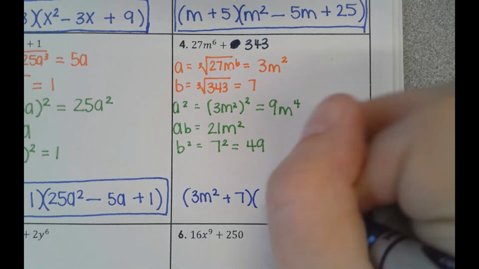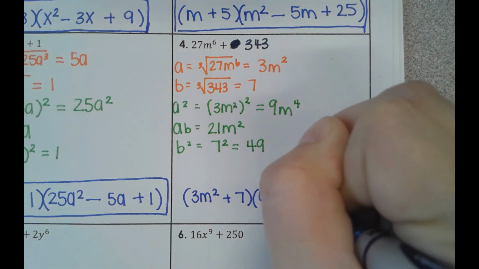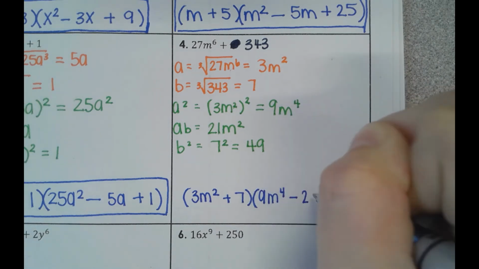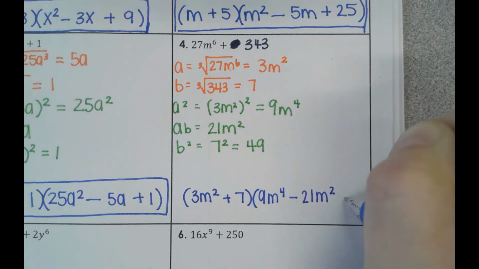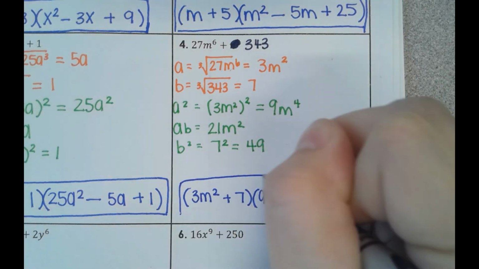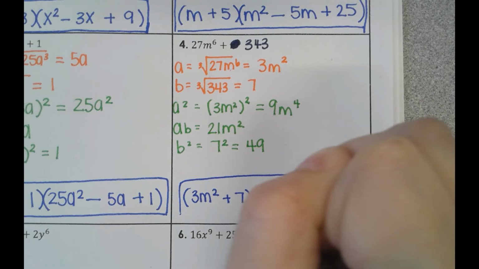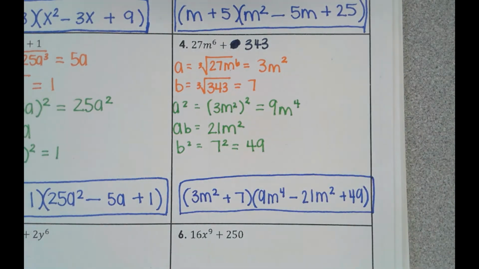And then 9m to the 4th minus 21m squared plus 49. All right. Any questions?